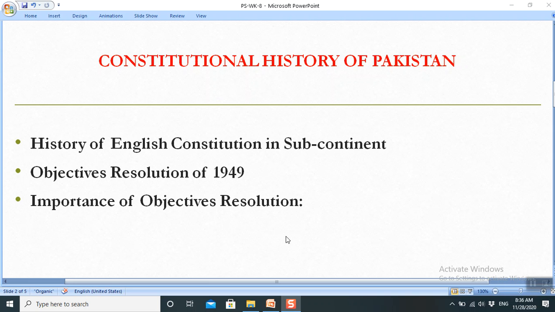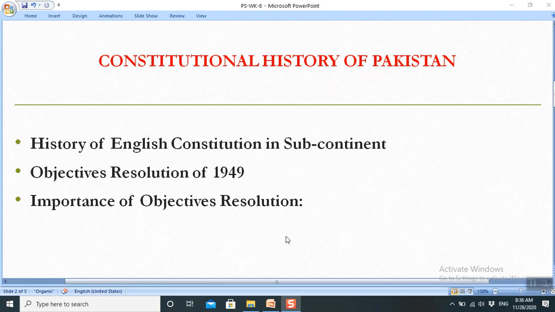Till 1857 the system was under the East India Company. But in 1858 the British Crown took India under their own responsibility and declared India to be a colony of Britain, and they issued the India Act 1858.